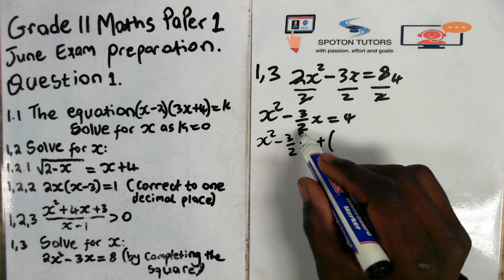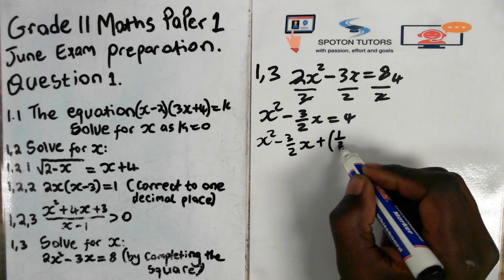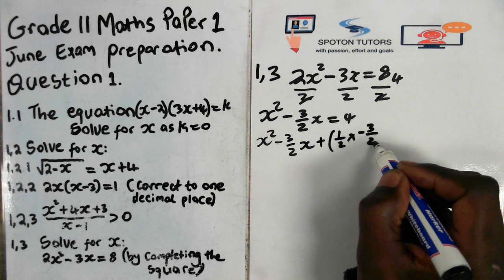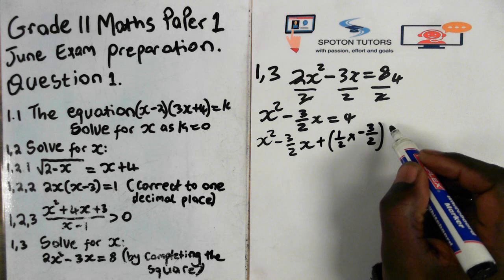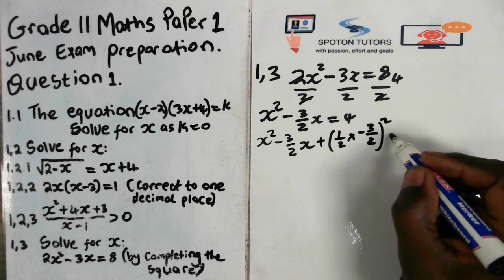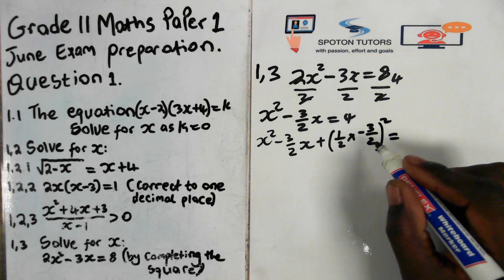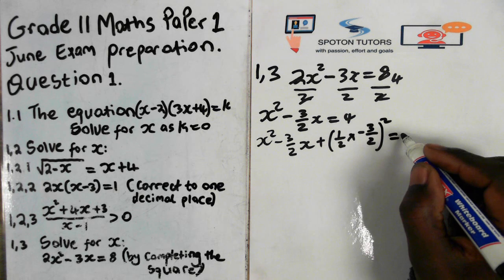You see the denominator here is 2. So write 1 over 2 times minus 3 over 2, closing your bracket, all to the power 2, equals to what you did on the left, you must also do on the right. So you're going to introduce this new concept on the right hand side as well.